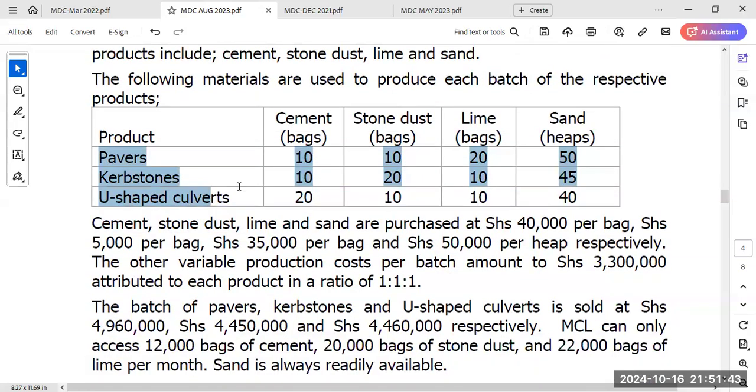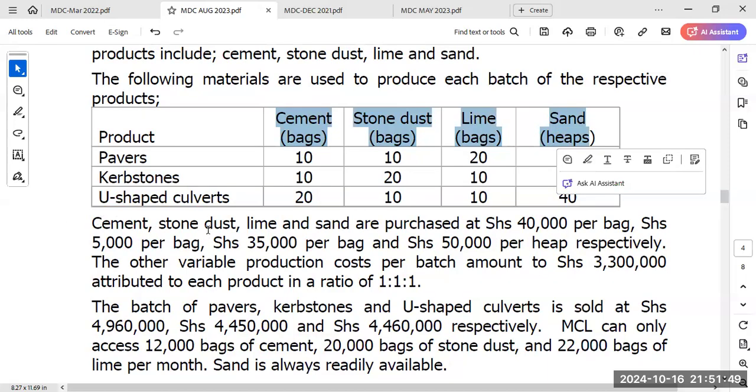So these are products, these are materials. Okay. Cement, stone dust, lime, and sand are purchased at shillings 40,000 per bag, shillings 5,000 per bag, shillings 35,000 per bag, and shillings 50,000 per heap, respectively.